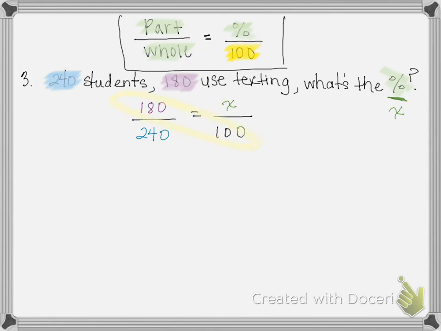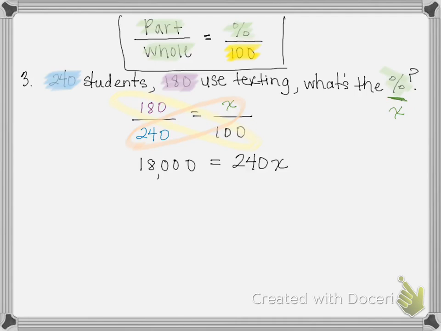So if we do that, 180 times 100, we end up with 18,000 equals, and then we will cross multiply our other side, 240 times x, which will give us 240x.